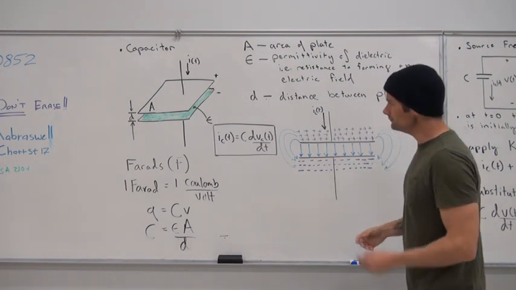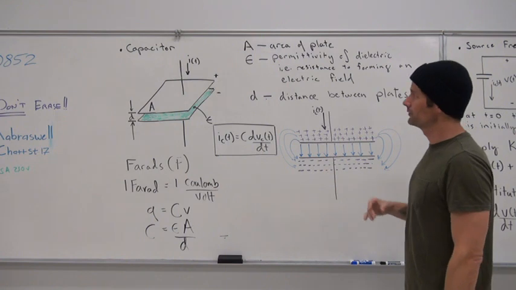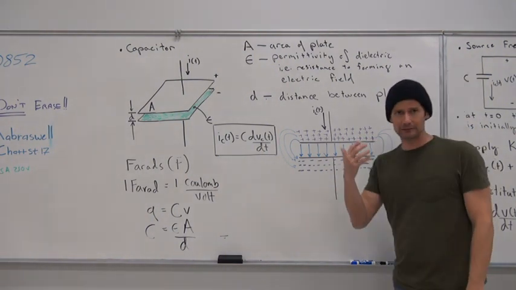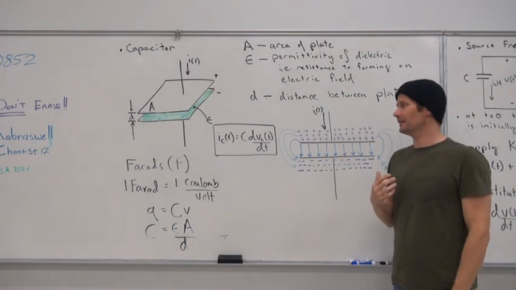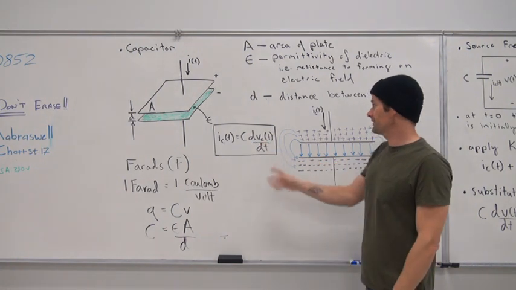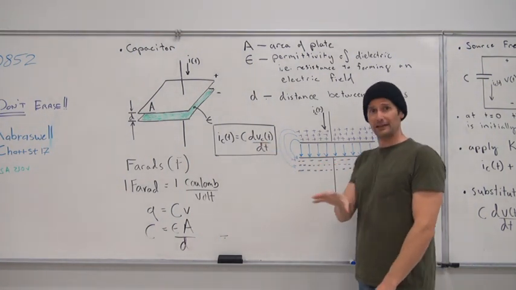Now, one of the things I always want my students to understand is that this is when we really stop looking at an equation specifically and just saying, oh yeah, current is equal to C times the derivative of the voltage. Yeah, that's cool.